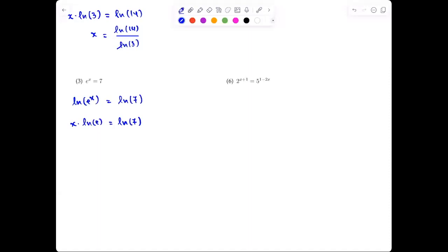Because ln is log base e, log base e of e is 1. You with me on that? So ln of e is always equal to 1. Therefore, the equation becomes x equal to ln of 7.